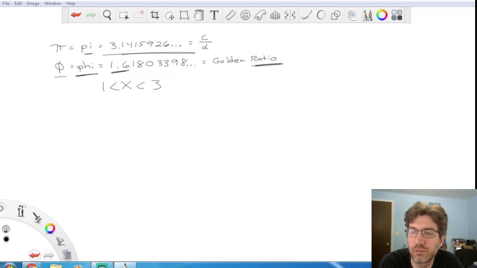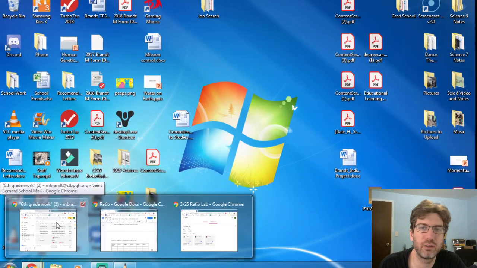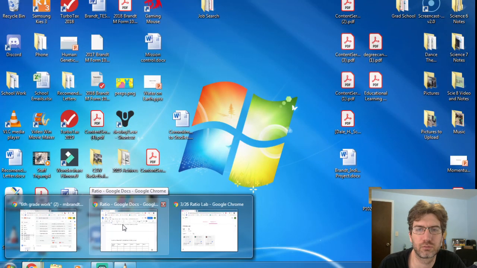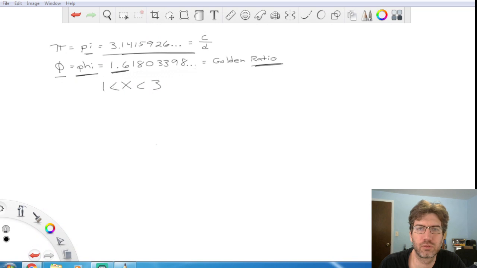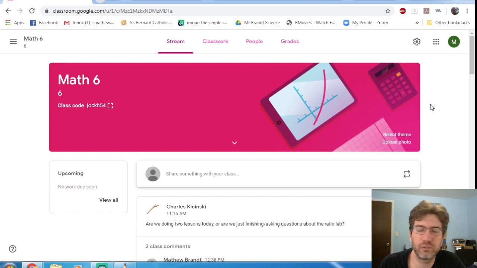Where do you get others' graphs? Graphs for the ratio lab, you get it in the discussion question. So go back into the classroom. So your classroom looks kind of like this.